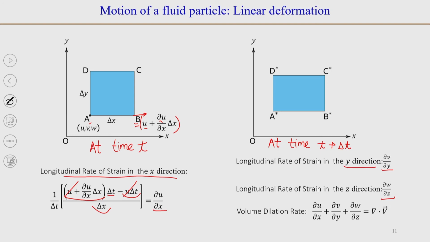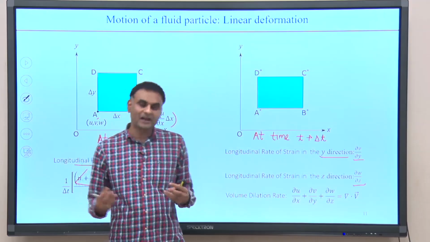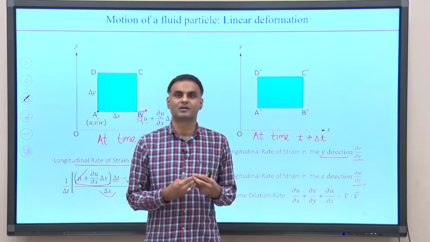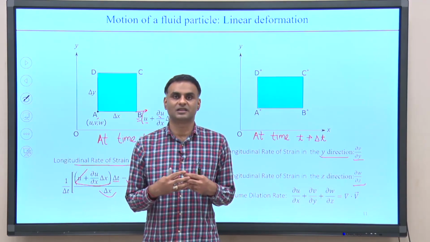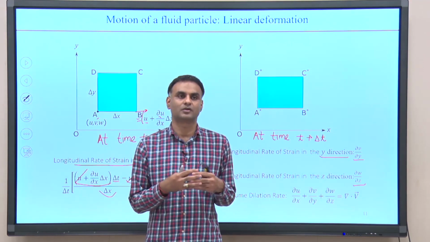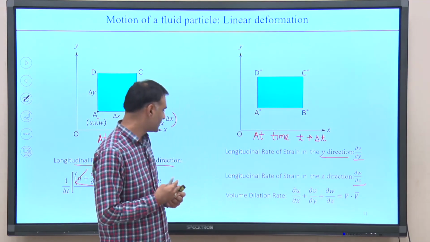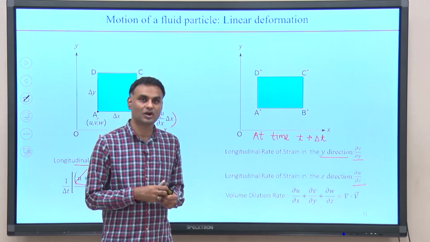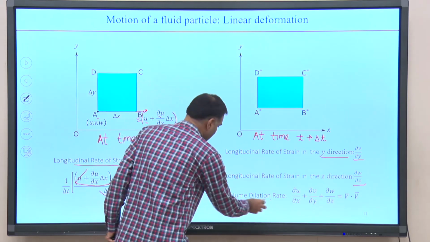So, that is the rate of change of the sides of this fluid element in the x, y and z directions: dou u by dou x, dou v by dou y, and dou w by dou z. Now, the change in the length of the sides will cause a total change in the volume, and that change in volume is what is called dilation.